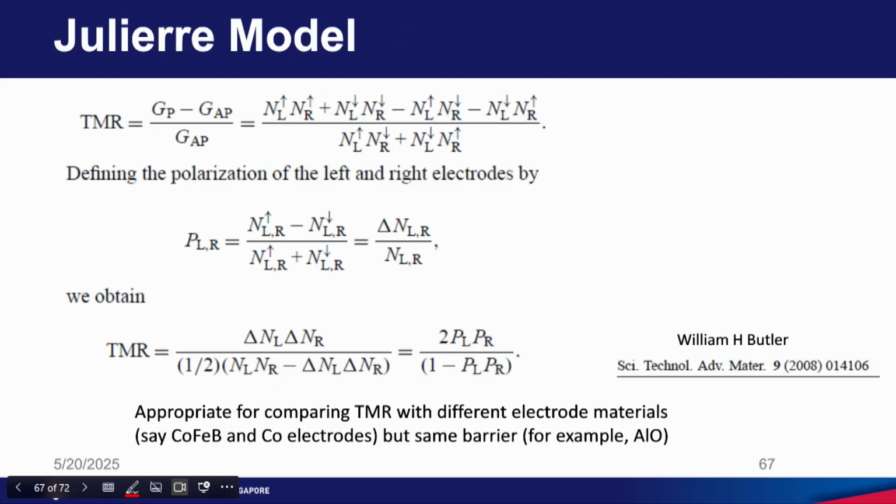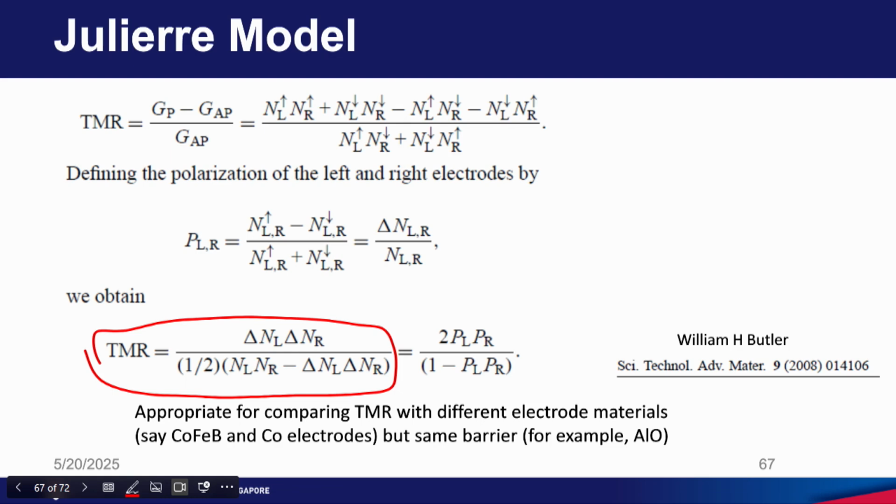So, if you put all those things, okay, you do not need to know everything here. Simply it will turn out that the TMR depends on the difference between the number of up and down electrons in the shell and so on. Okay.